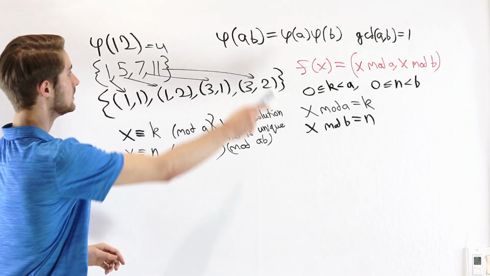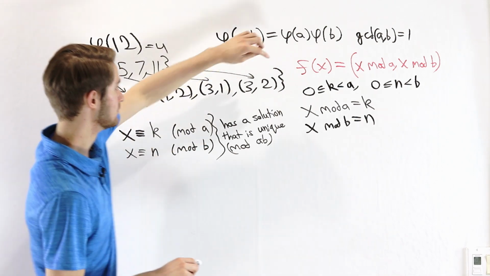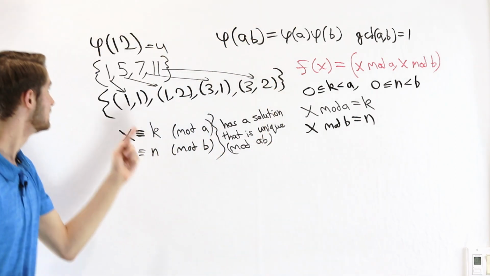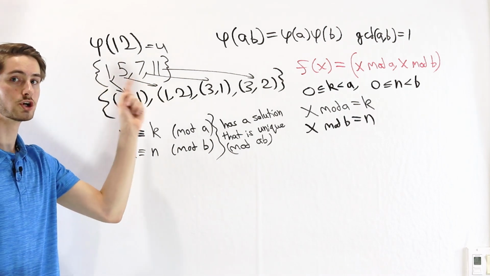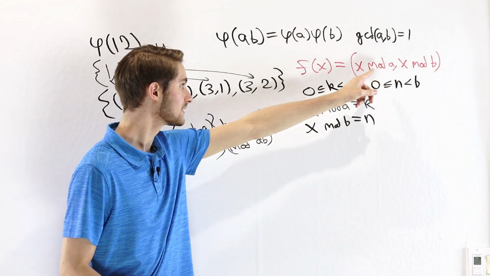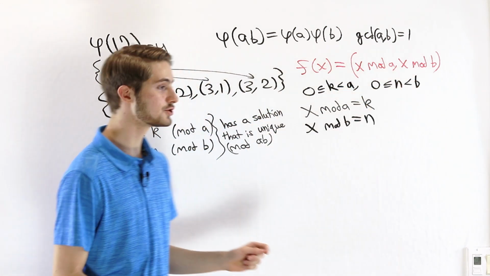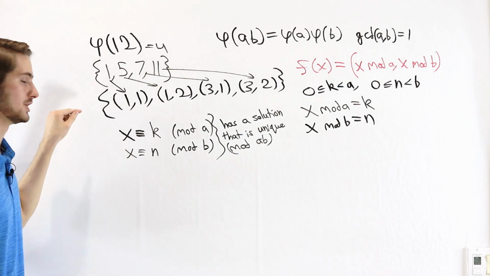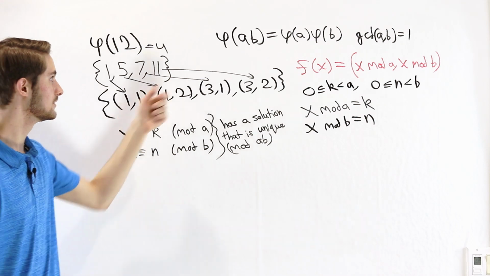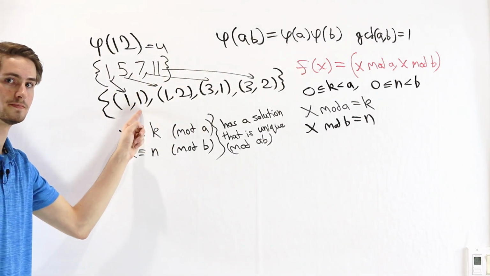Now our goal, when we're trying to prove this totient function identity, is to prove that this function f of x that goes from the set of numbers coprime to AB, and it goes to (x mod A, x mod B), is a bijection with the set of numbers where the first number is coprime to A and the second number is coprime to B.